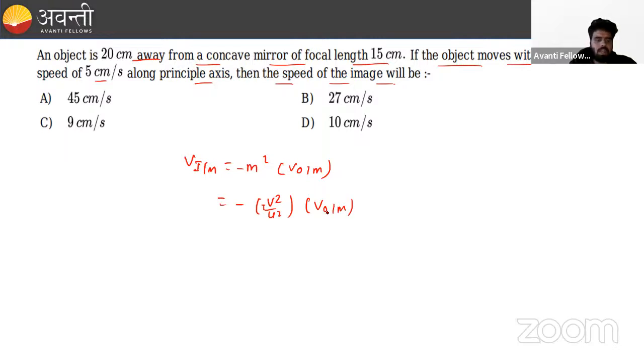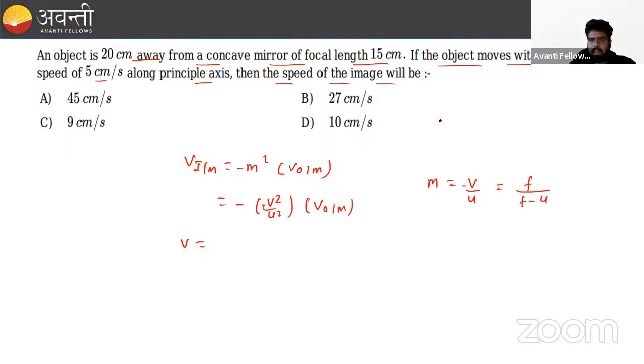So what is given here, guys? If we put the value, firstly we have to calculate the image position. What is the image position here? Or we can directly calculate the magnification. For that we have to know the relation that magnification is nothing but minus v by u, and this can also be written as f upon f minus u, correct?